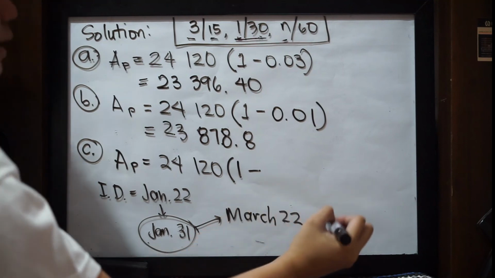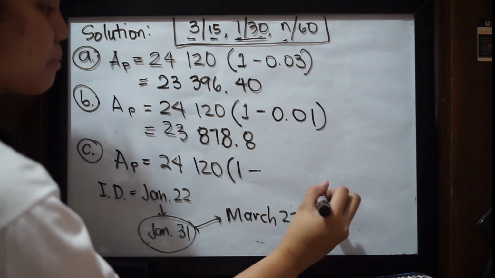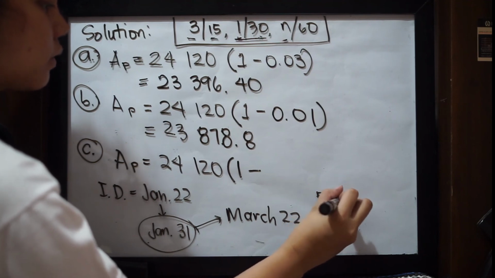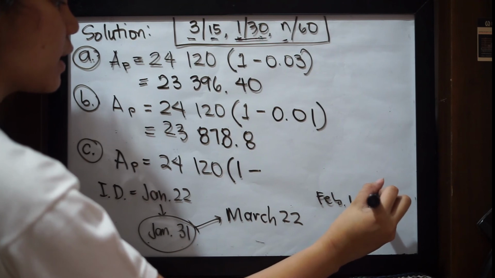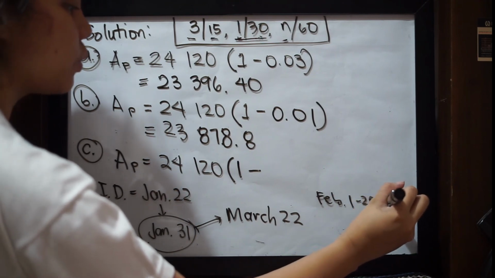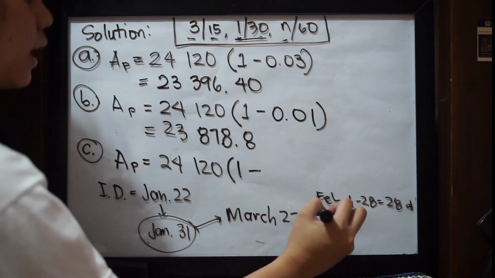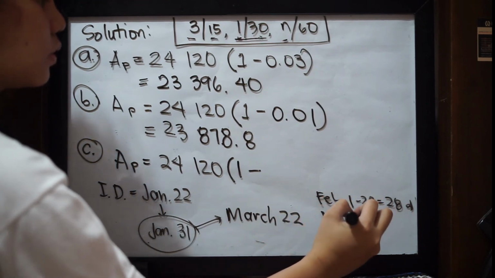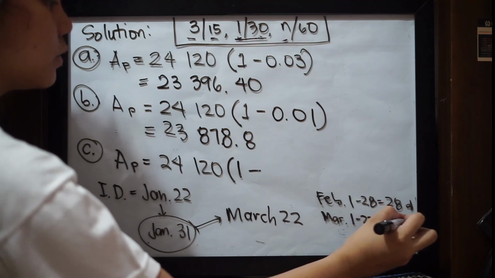So, obviously, kung bibilangin ninyo isa-isa, wala namang problema sa akin. Pero kung gusto nyong lagyan ng ginagawa kong technique, edi go. From February 1 to February 28, this is 28 days. Ngayon, from March 1 to March 22, we have 22 days.